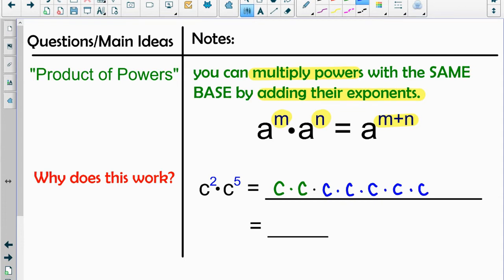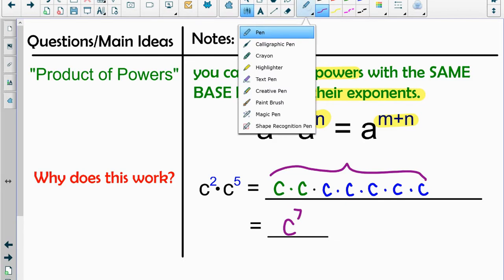Keeping in mind the exponent tells you how many of those bases are multiplied repeatedly. And now if I want to write that expression using exponents, I just count how many c's are in that list. 1, 2, 3, 4, 5, 6, 7. So my final answer should be c raised to the seventh power because I multiplied a c times itself 7 times.